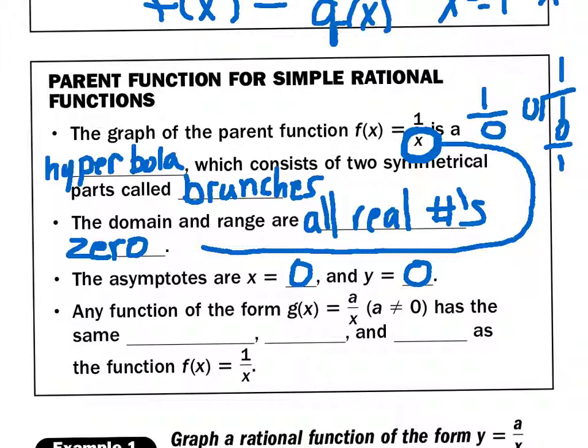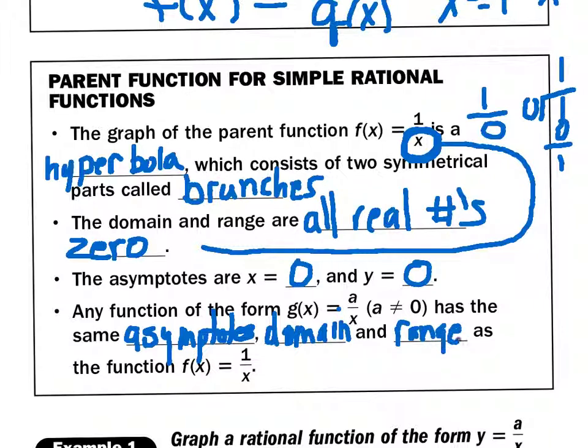So any function of the form g of x equals a over x has the same asymptotes, domain and range as a function f of x equals 1 over x. What this means is you don't have to have a 1 up here.